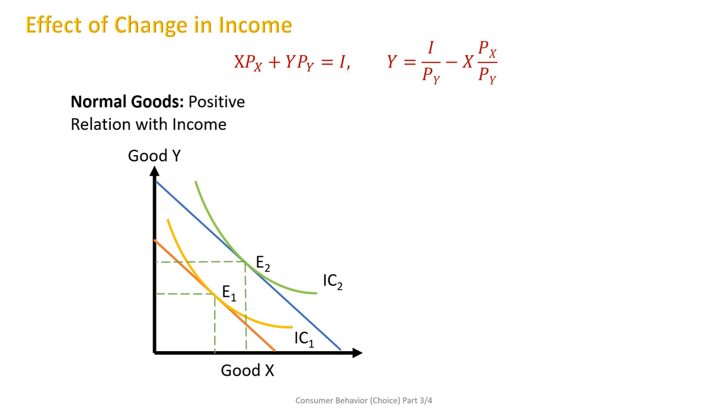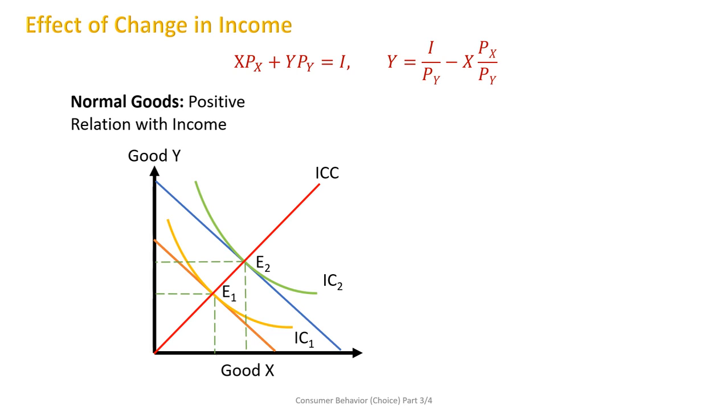He is in equilibrium where the new budget line is tangent to the new indifference curve, represented by point E2. If we join both these points E1 and E2 with a curve, such a curve is called income consumption curve.